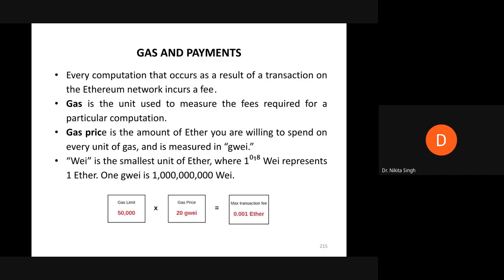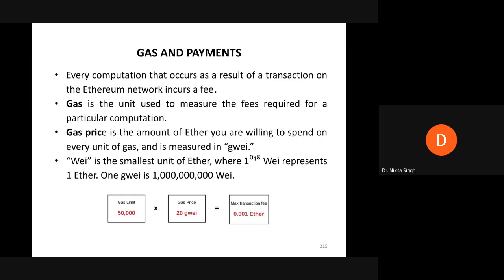All right. In Ethereum, there is a very important concept of fees. Every computation that occurs as a result of a transaction will cost you a fee. And the fee that is paid to the miners is called gas. So gas is the unit used to measure the fee being paid.